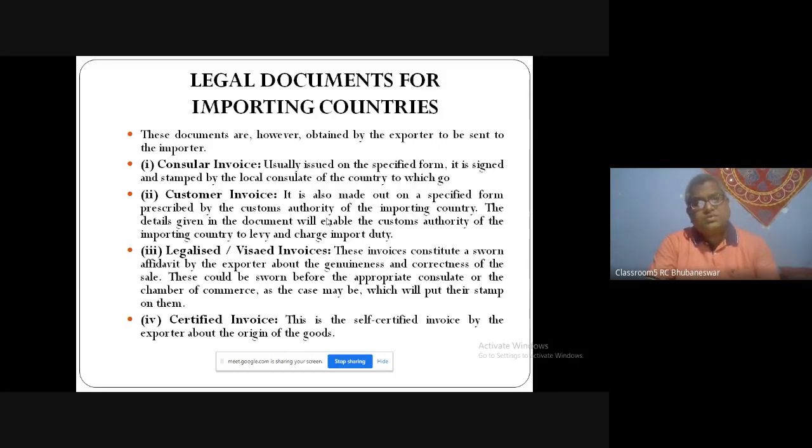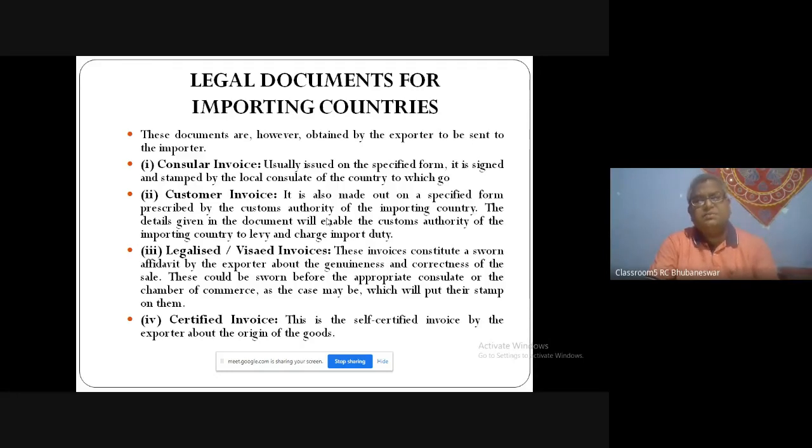If you talk about other legal documents for importing goods into importing countries, other documents are required: the consular invoice, customs invoice, legalized invoice, and certified invoice.